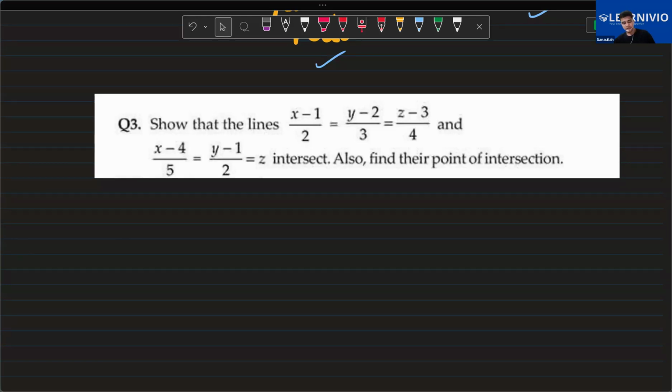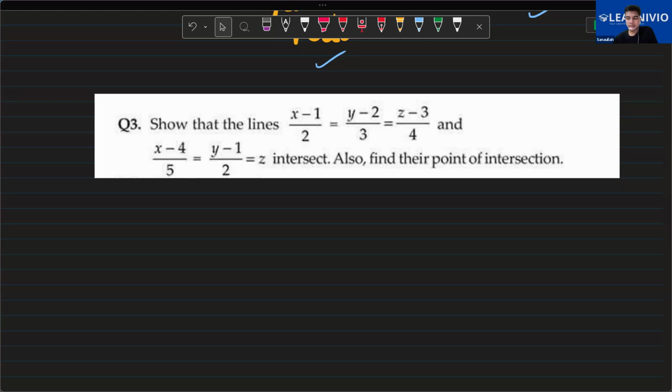एंड देयर इज वन मोर मेथड. अगर आपको क्वेश्चन बस इतना दिया होता, using the above method you can find the points also, okay. But let's say अगर क्वेश्चन इतना होता कि just prove that these lines intersect.